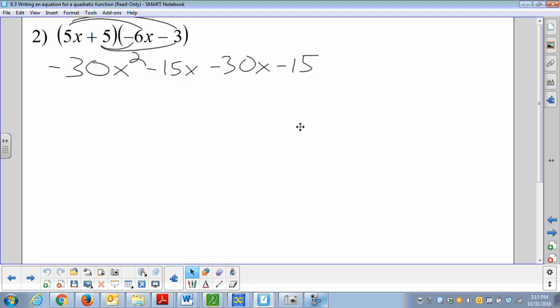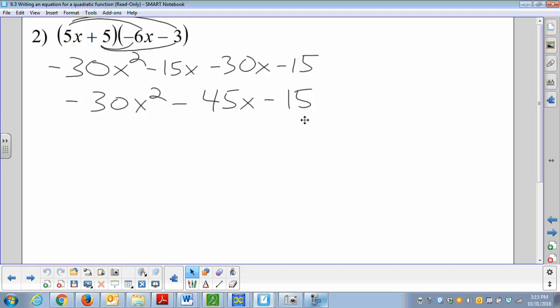Now, with that done, we just go ahead and simplify by combining our like terms. Okay, and now we have negative 30x squared minus 45x minus 15. And that's multiplying polynomials.